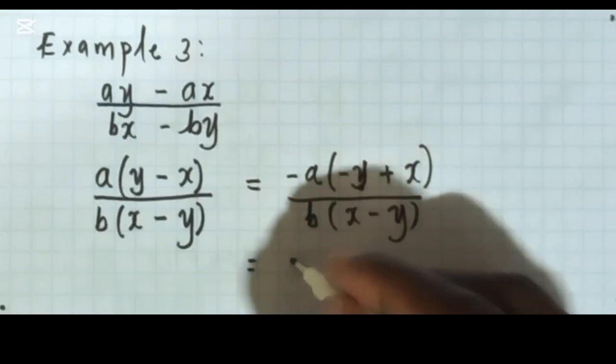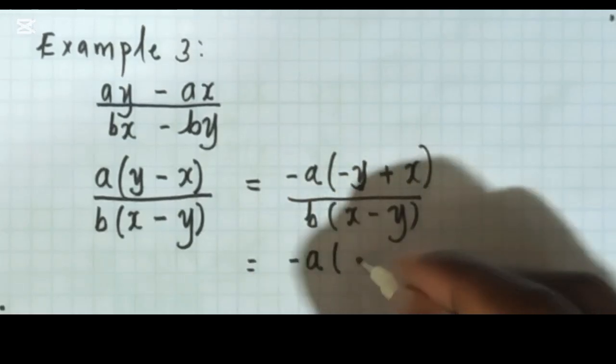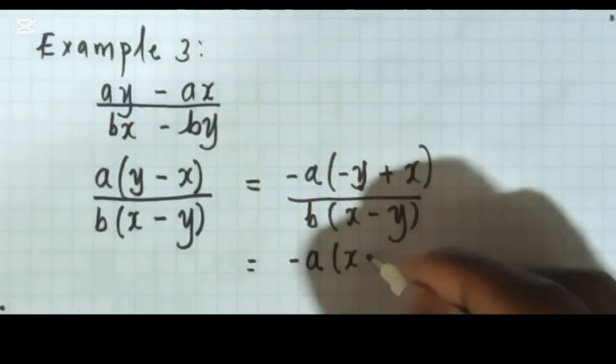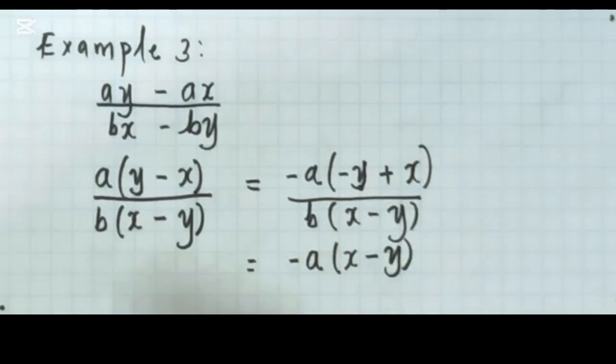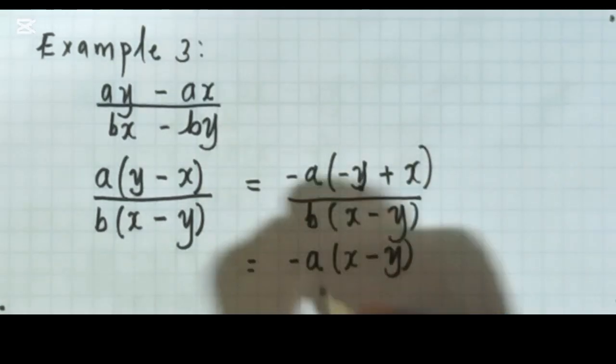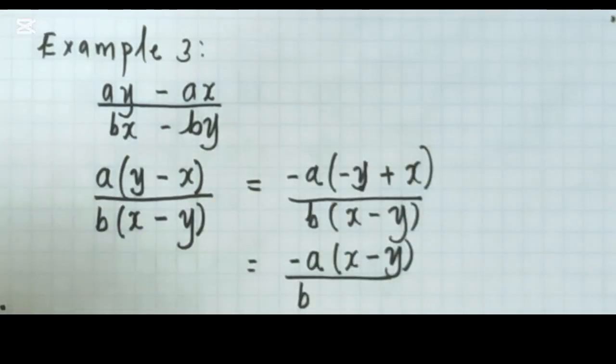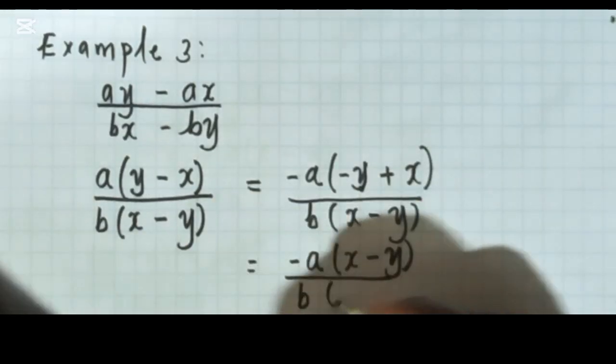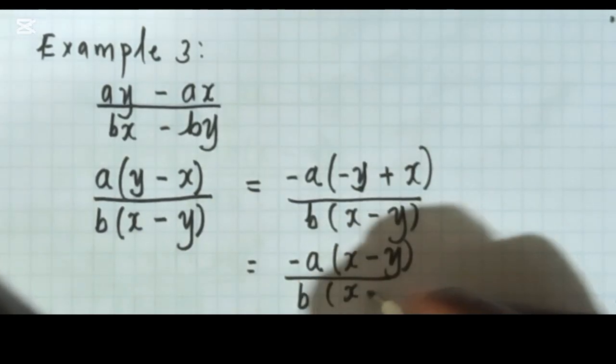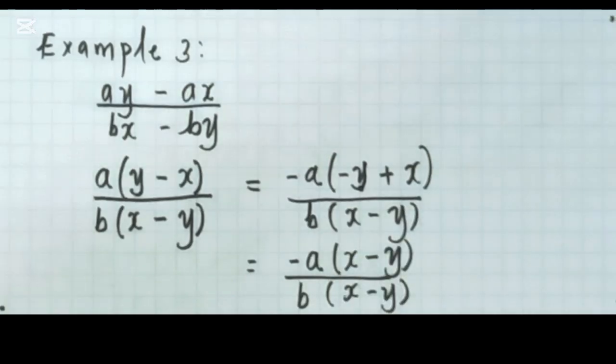So that will be -a into x minus y, we've just rearranged whatever was in the numerator, all over b into x minus y.